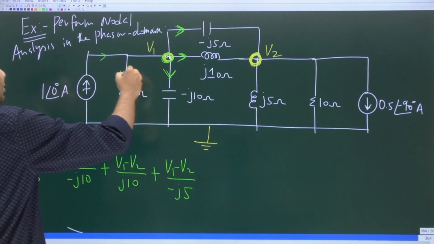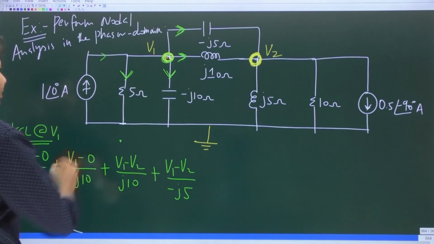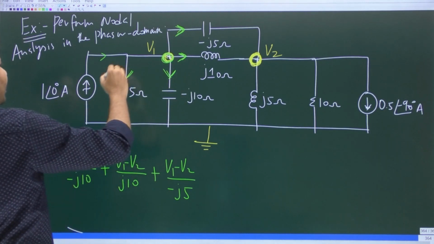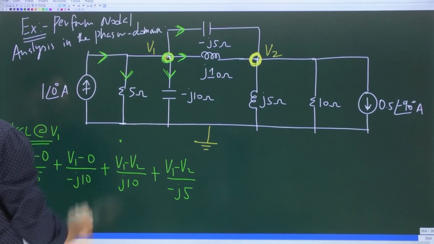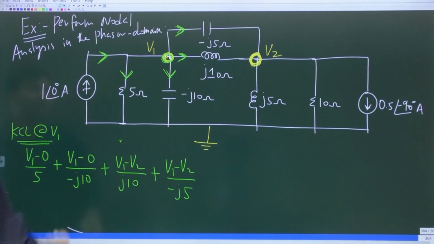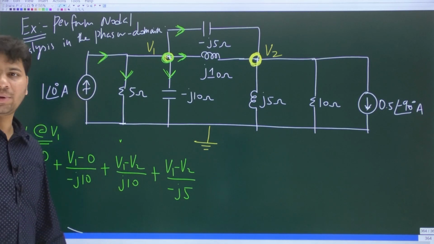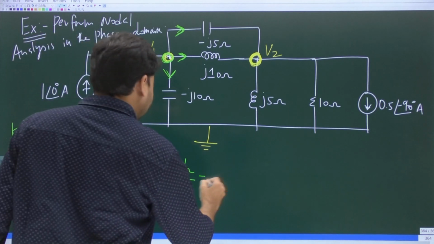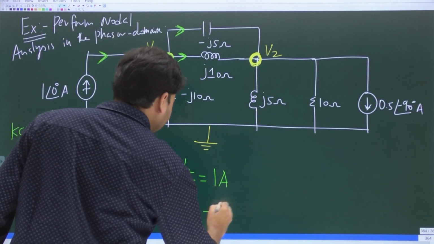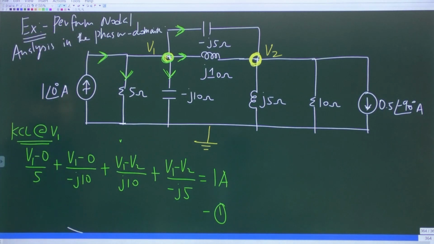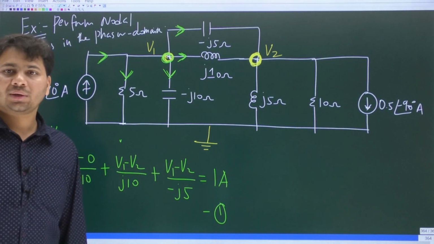Now these 4 currents have been added, and the sum of these 4 currents will be equal to the only incoming current, which is 1 at an angle 0 degrees. Again, 1 angle 0 degrees is the same as 1 ampere. I can just write it as 1 ampere. That's all. This is our first KCL equation.